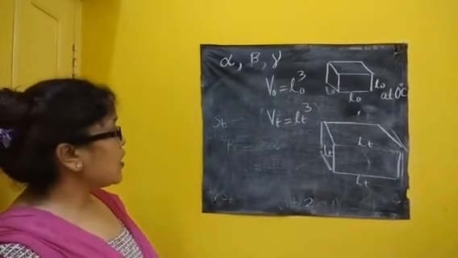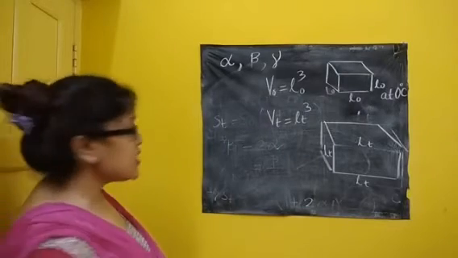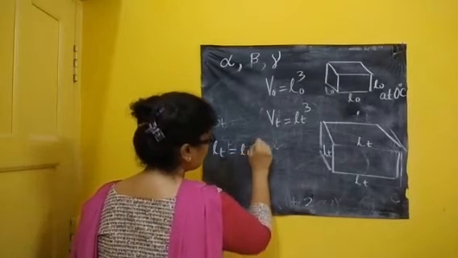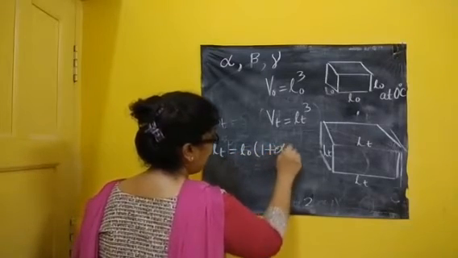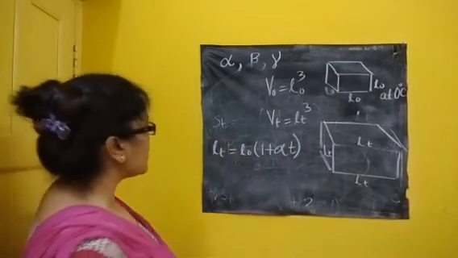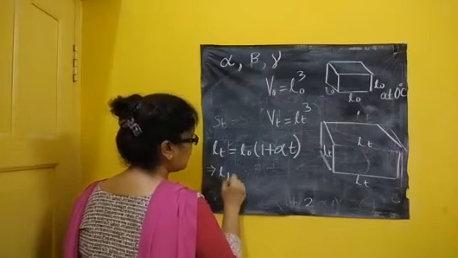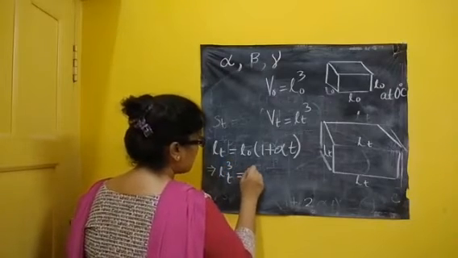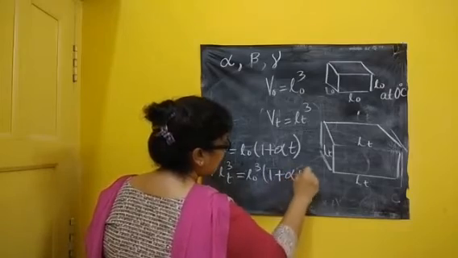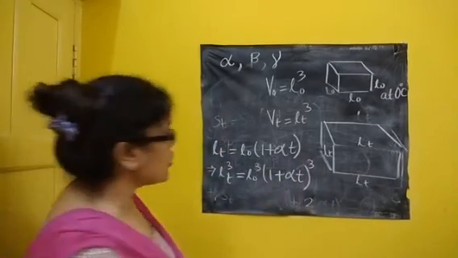Now we know that length Lt equals L0 into (1 plus alpha t). I need Lt cube, so I will take the cube on both sides. So Lt cube will be equal to L0 cube (1 plus alpha t) whole cube.